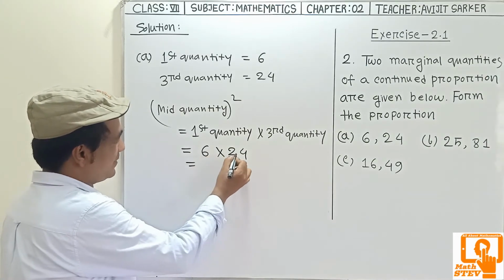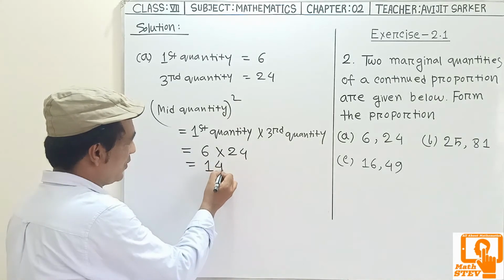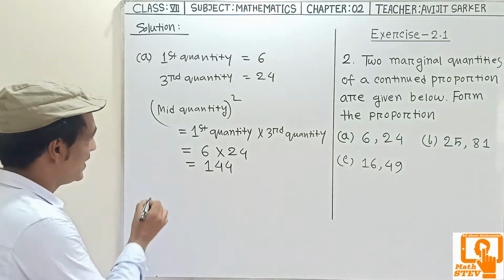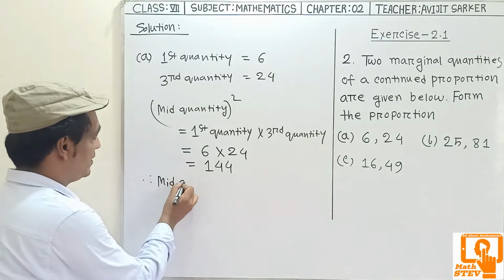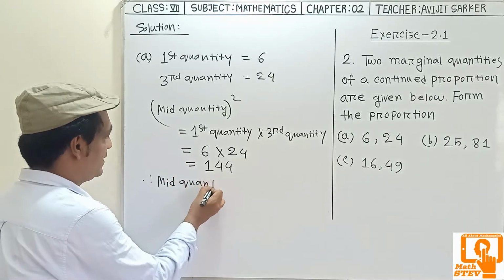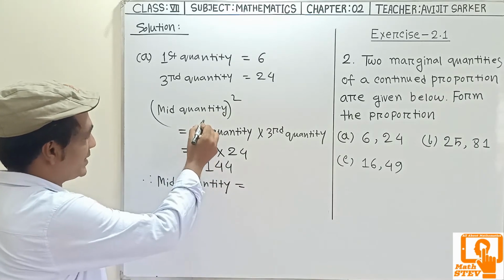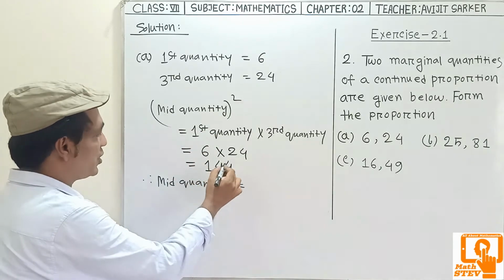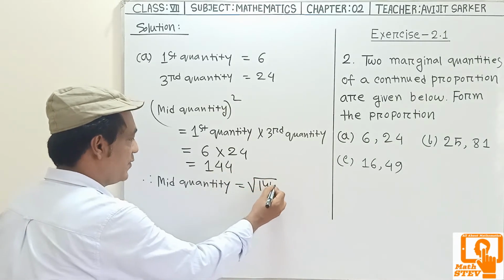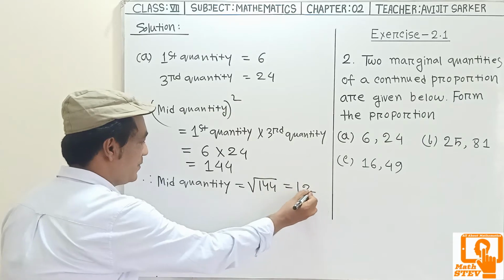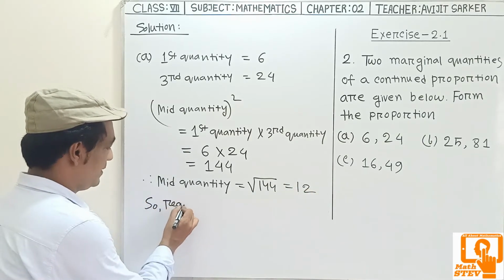If 6 is multiplied by 24 then the product is 144. Therefore mid quantity square equals 144. So mid quantity equals square root of 144, equals 12.